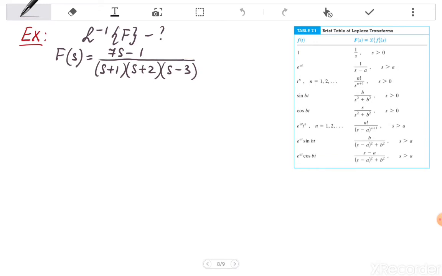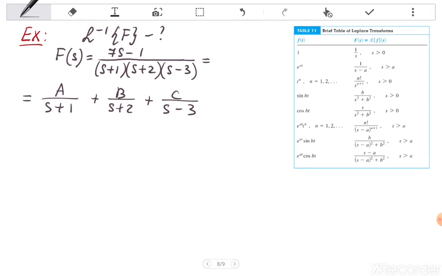For example, our F of s is a function given like this, and we need to write it as a over s plus 1 plus b over s plus 2 plus c over s minus 3. So we need to find these coefficients a, b, and c. And there are in fact two ways to do this.